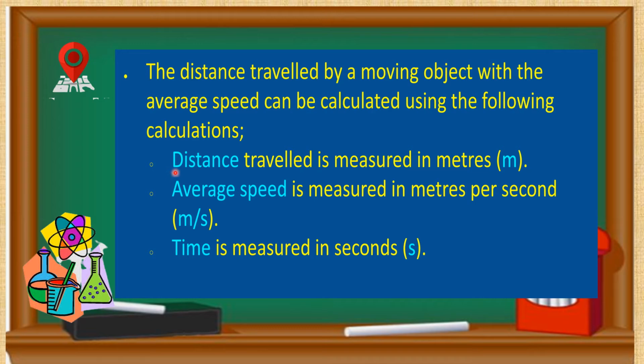The distance traveled is measured in meters. Average speed is measured in meters per second, or m over s, or m slash s. And time is measured in seconds.